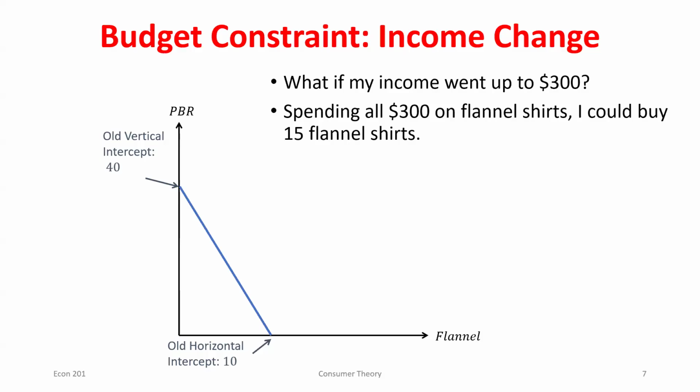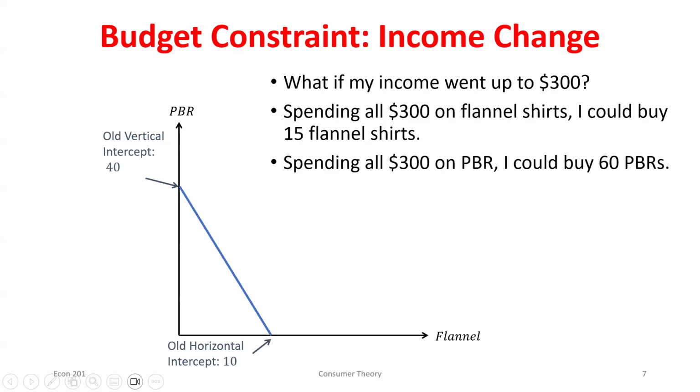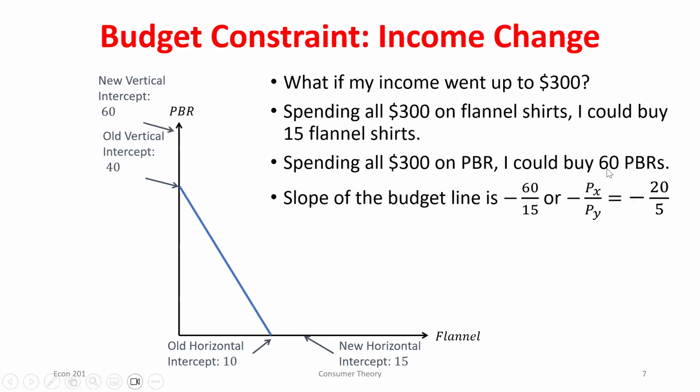I have $300, price is 20, divide 300 by 20, I get 15. If I'm spending all of my income on PBR, $300 divided by that same old price of 5, I can now buy 60. So with income changes, we get this nice parallel shift. Now the slope doesn't change. I said you can think about why.